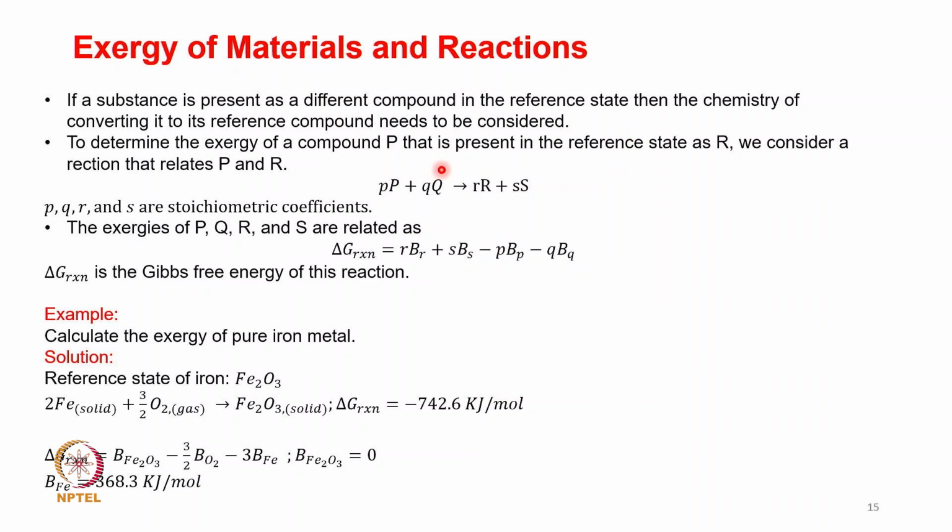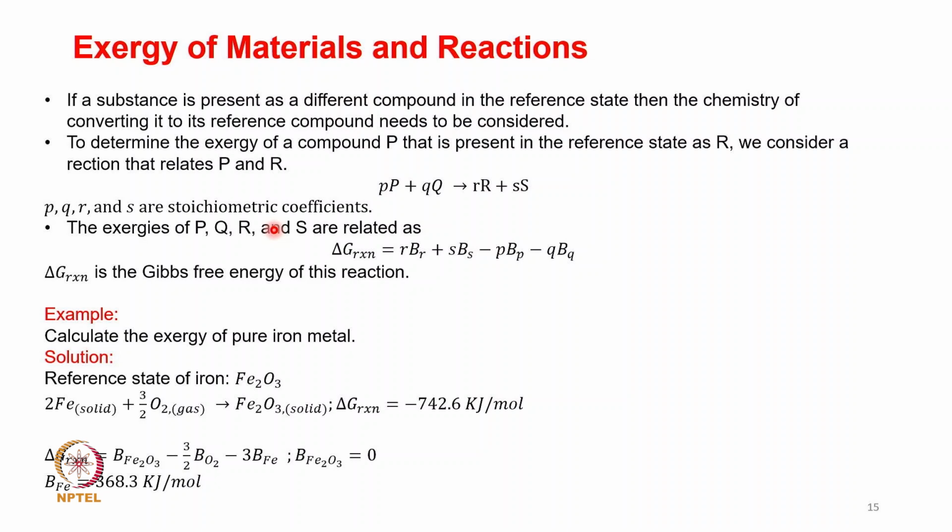For instance, to determine the exergy of a compound P that is present in the reference state R, we consider a reaction that relates P to R. So, let us say the compound P is present in reference state R. So, p moles of P and q moles of Q react to form r moles of R and s moles of S, where p, q, r, s are the stoichiometric coefficients.